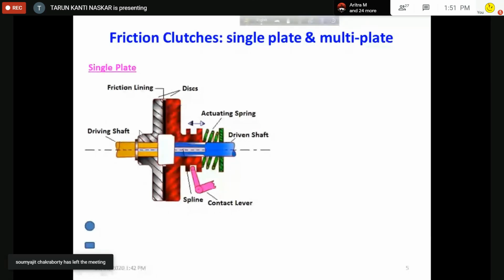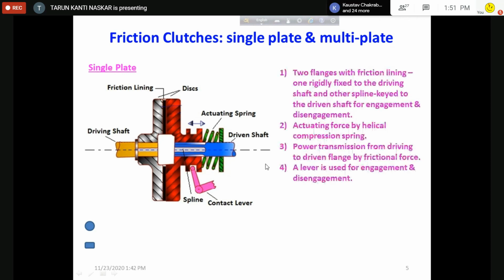So we have driving shaft, driven shaft, two plates, friction lining, one lever handle, and some actuating spring. These are the main things of the clutch, single plate or multiple plate, whatever it may be. So this is the description, whatever I have told you.